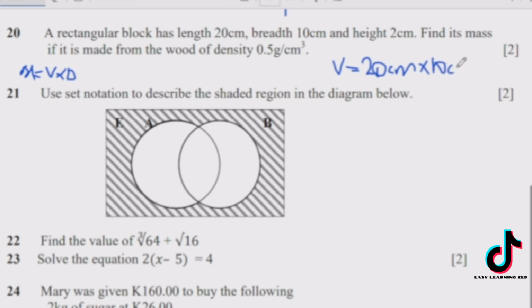So let's just go with the units, then times 2 centimeters, which is equal to, then we say 2 times 10, it will give us 200. 200 times 2, it will give us 400.